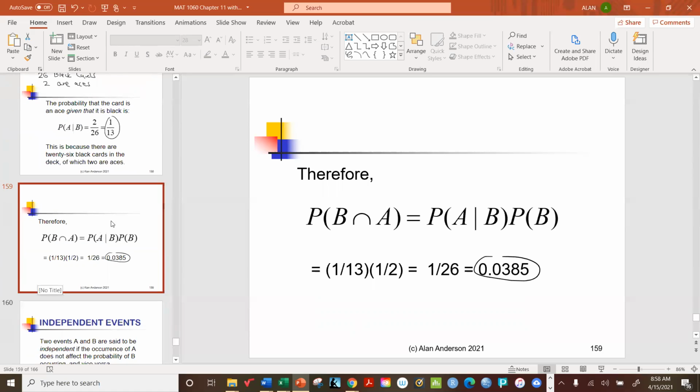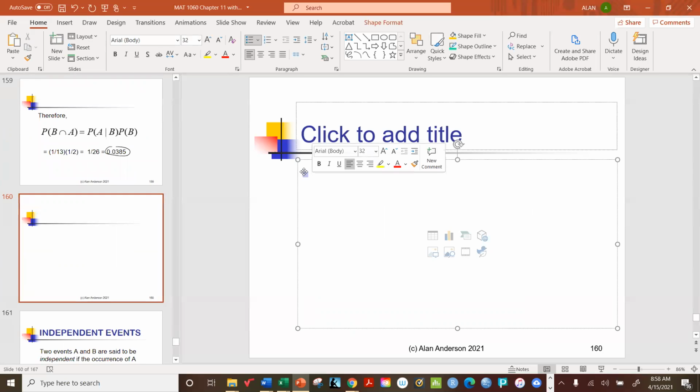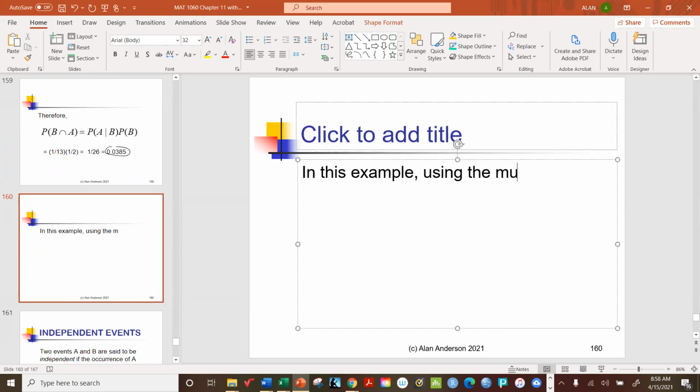Now, I do want to point out here, though, that in this case, at least, using the rule wasn't absolutely necessary. It was just one option that we had available to us because we know how the deck works. Okay, so in this example, using the multiplication rule was not absolutely necessary.